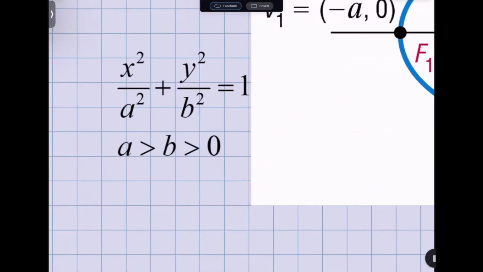So the A and the B are always going to be in the equation. So if the A is under the x squared, that means it's got to elongate in the x direction. If it's under the y squared, then it's going to elongate along the y direction. And the way we know which one is A is if it's the larger number.